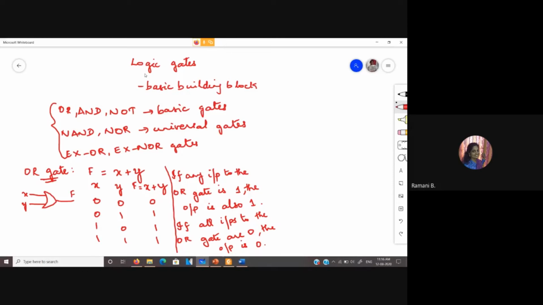Okay? And these are the ICs you will be using in lab. So IC 7432 corresponds to the 2-input OR gate. This particular IC will have 2-input OR gates, that too, 8, sorry, 4.